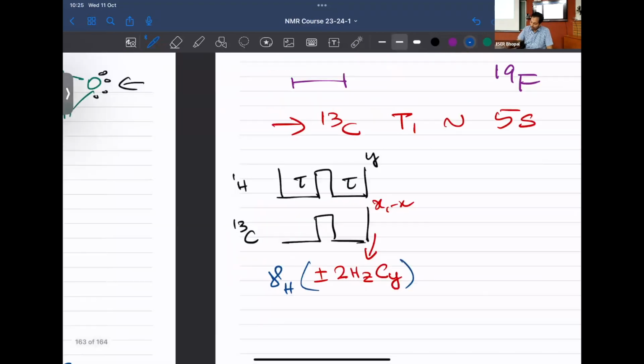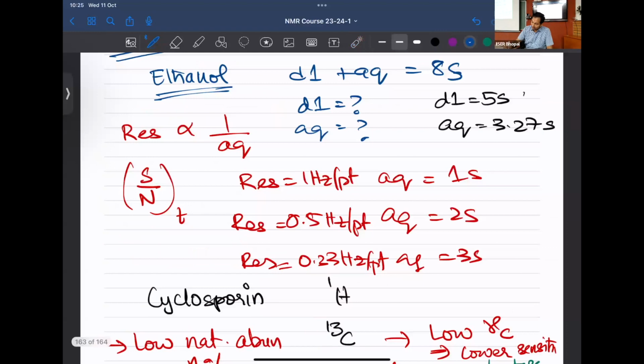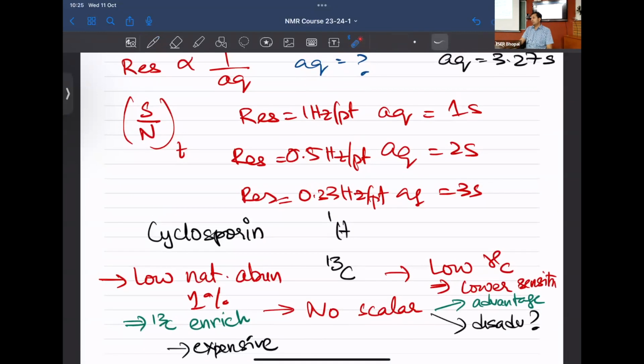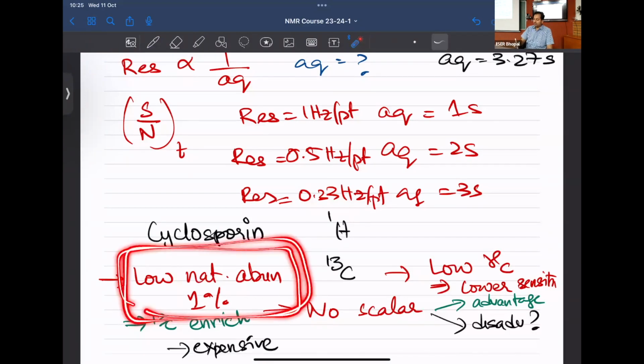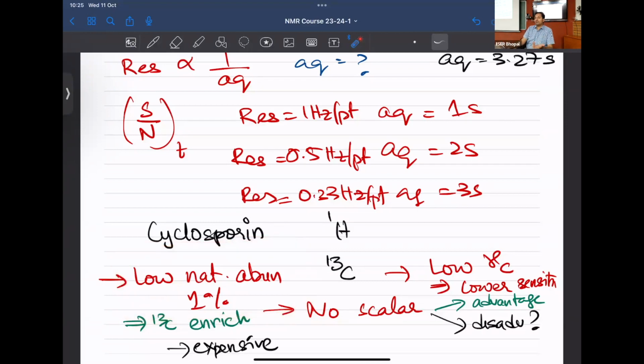So therefore, what are we able to see? If you are able to successfully transfer polarization from proton to carbon, you are able to negate more or less the effects of low gamma. If that makes sense? This can never be negated because the number of 13C you have is going to remain constant. You cannot enrich 13C by doing NMR. You have to do nuclear chemistry to do it, which is not easy to do.